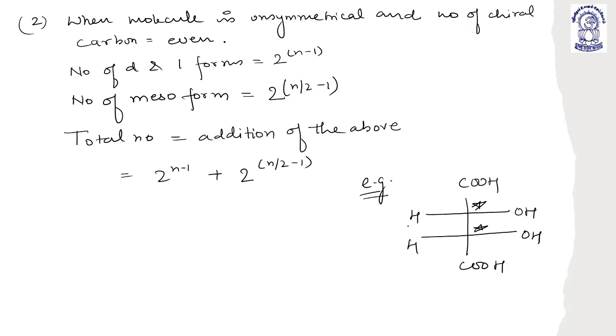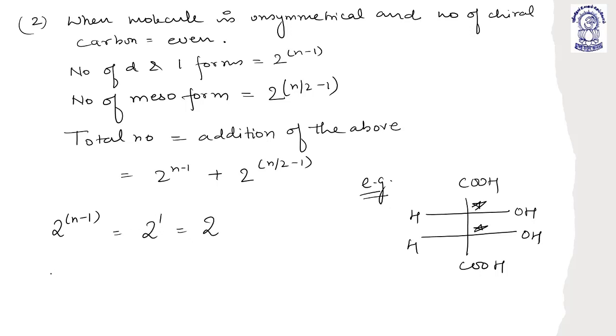So the number of D and L forms is 2 to the power n minus 1, that is 2.